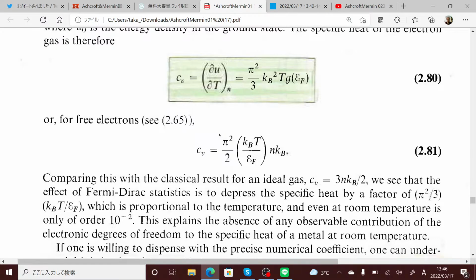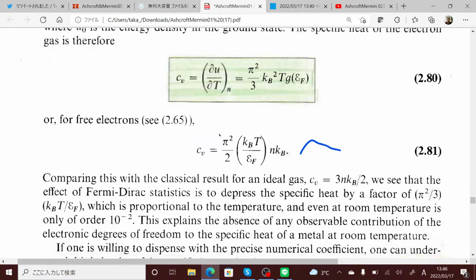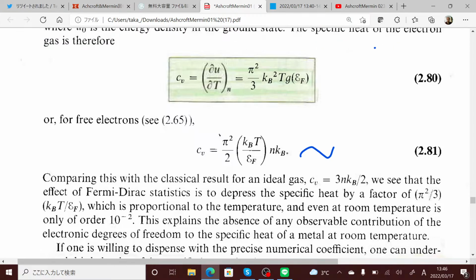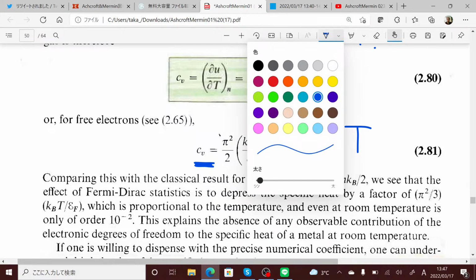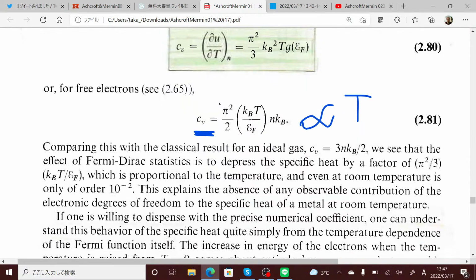Actually here we should notice this result is proportional to T. So the free electron specific heat is proportional to temperature. This is the main result we should remember.